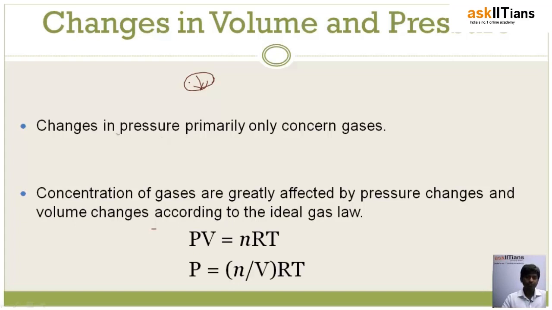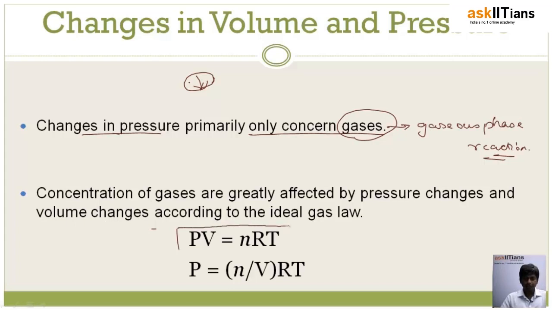So the first statement is that change in pressure will only concern gaseous reactions or gases. It is basically a term for gaseous phase reactions, obviously. Now see, with the application of the ideal gas law, how are we going to arrive at it?